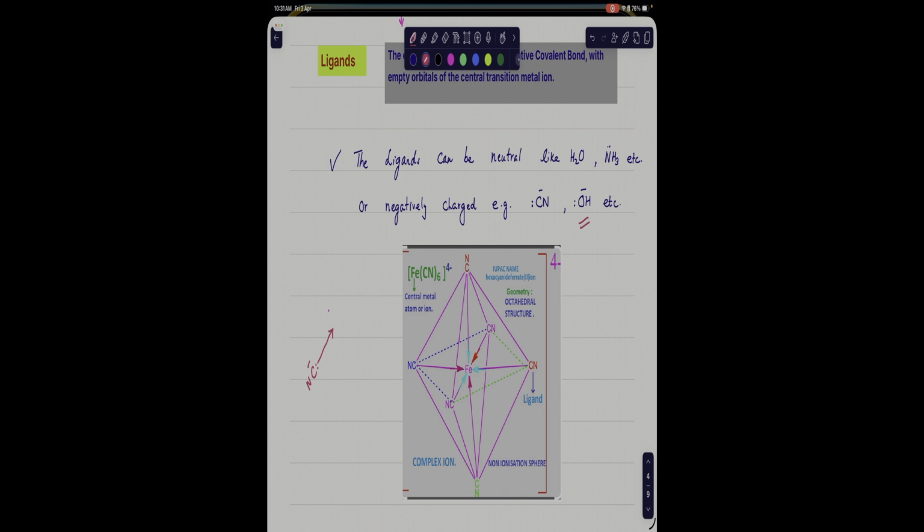So the best shape for coordination number 6, where the central metal ion is surrounded by 6 ligands, is octahedral. The IUPAC name of this complex you can see over there, hexacyanoferrate(II). The detailed naming we are going to do in the later part of the lesson.